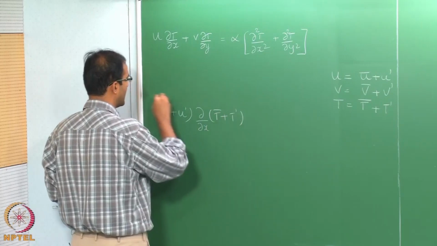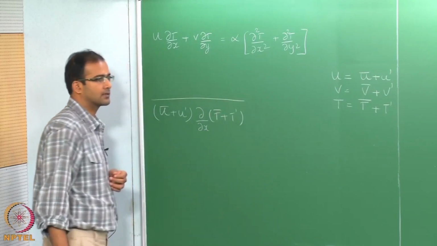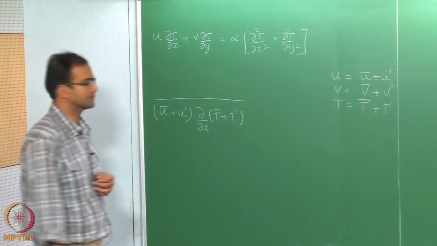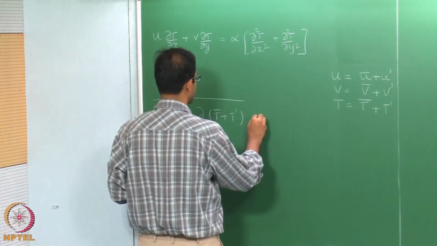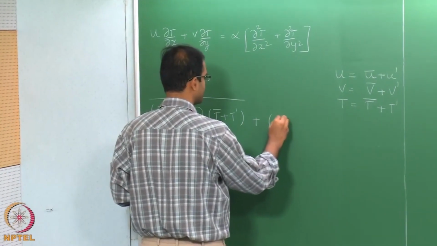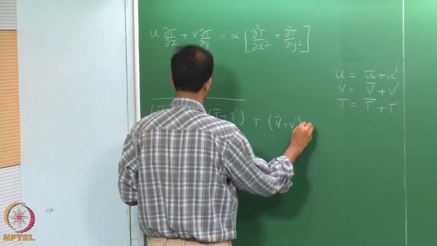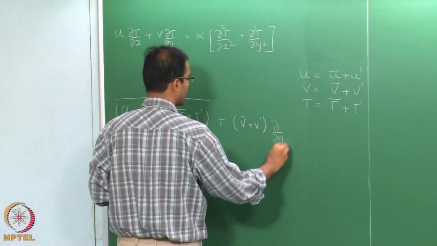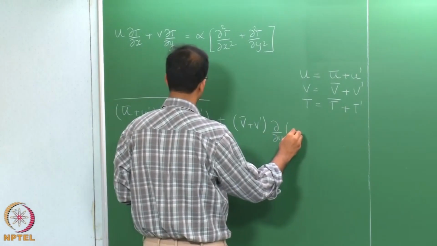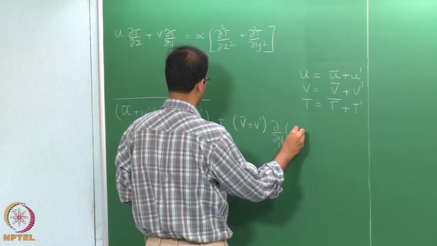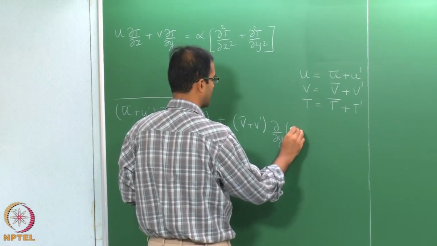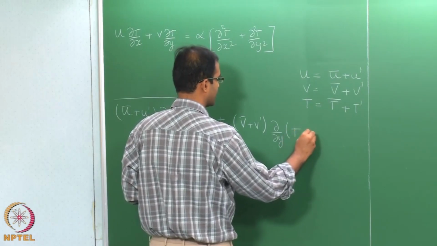and then average the entire equation, Reynolds averaging. What we are doing here is time averaging. For the 2D incompressible steady state, it does not matter whether we do a time or ensemble average; it will still be the same.